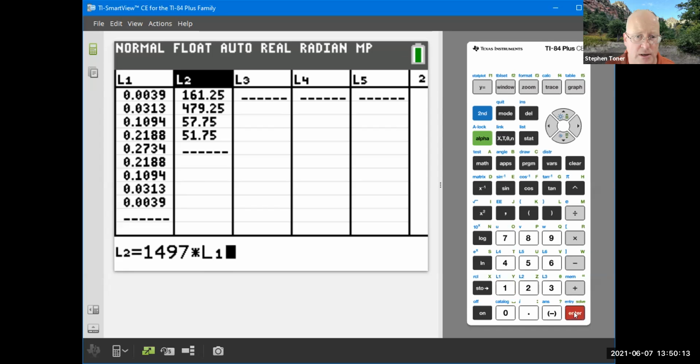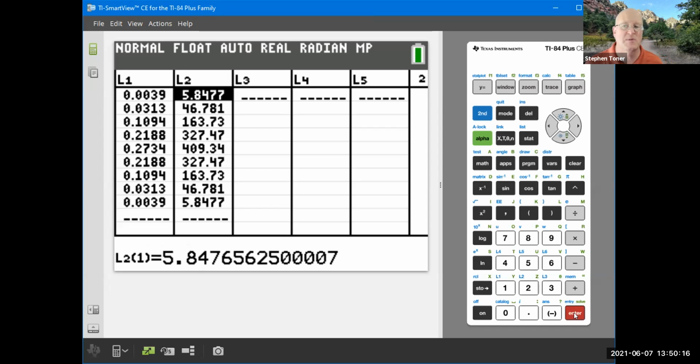And I hit enter, and that gave me all those expected values that you saw on that bottom line of the chart. So that's kind of an interesting way. You are not responsible for knowing how to store a list outcome using that store key, but I'm just showing you something extra you can do and how I did this.